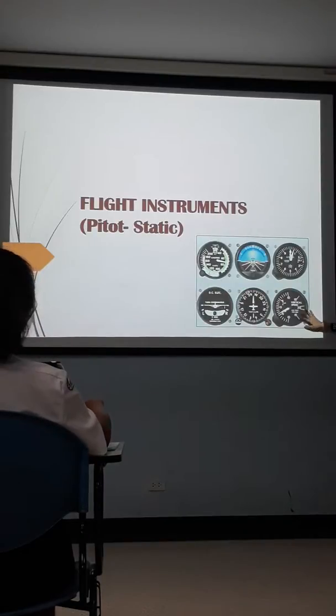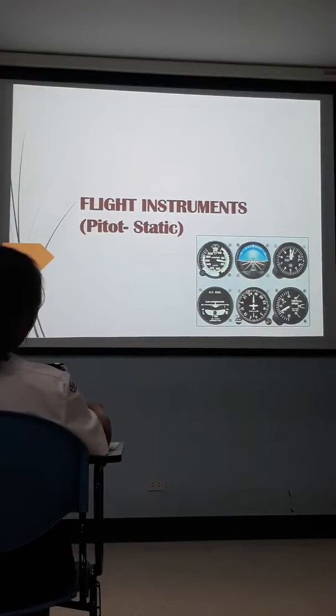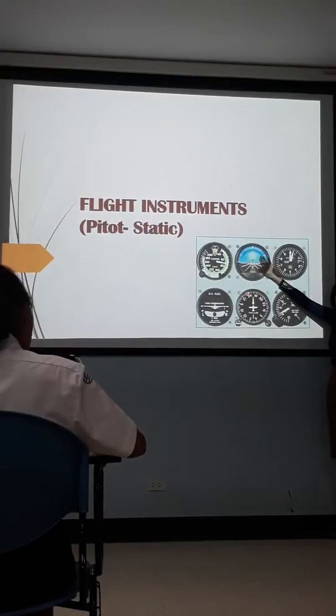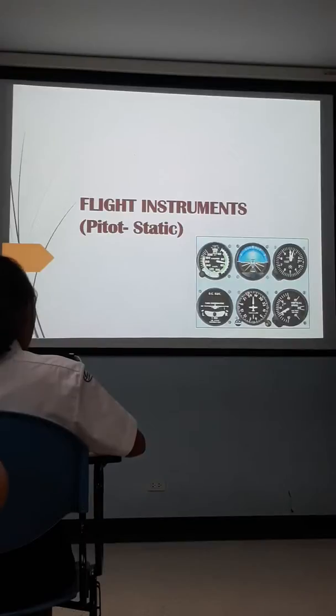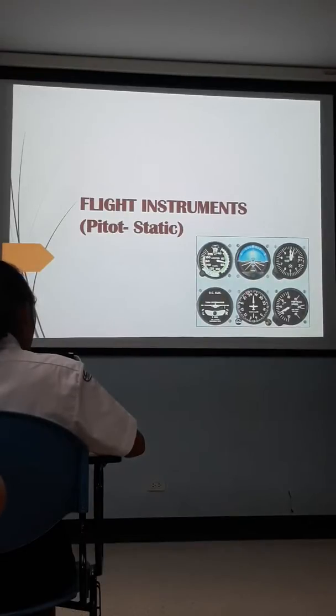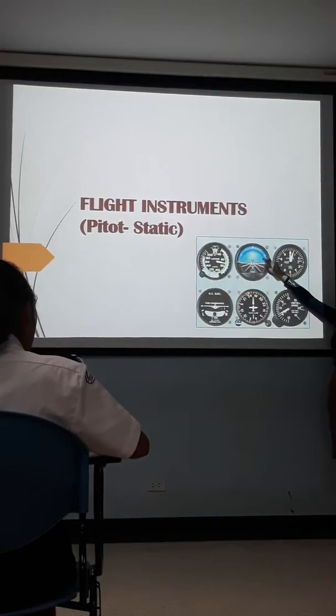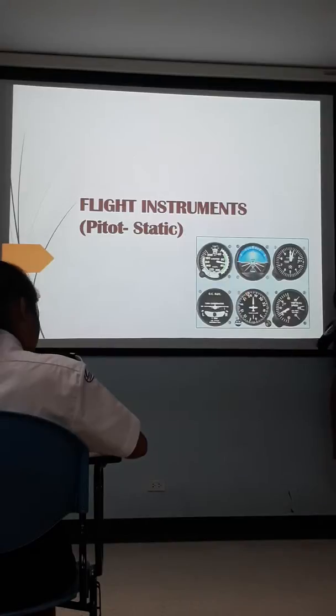So the rest are gyroscopic instruments. This one, the one that has the blue color on the top and the brown color at the bottom. Class, if you go back home and search for more information on the internet, the color can be different. The top one is always blue, in every case.